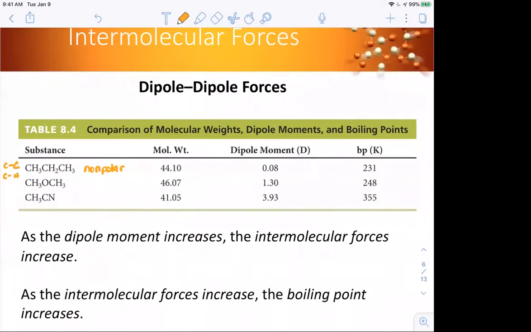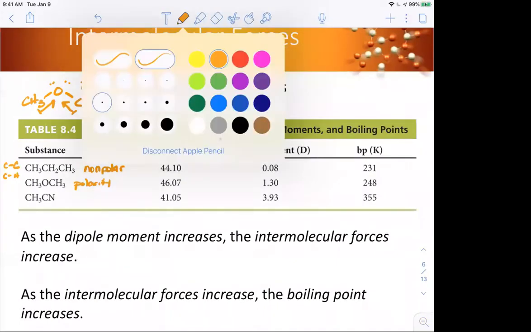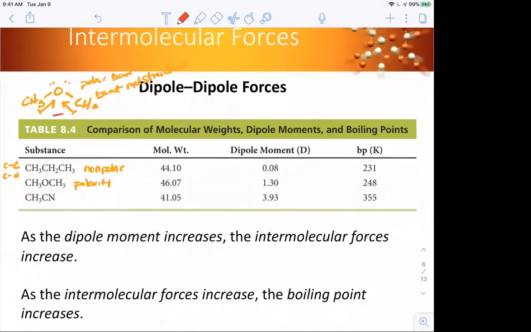Here, I have a little bit of polarity because when I have this CH3O, I do have a polar bond, right? This is going to be a polar bond. It's going to be a bent molecular structure. And I'm going to have my net dipole, which goes up the middle.